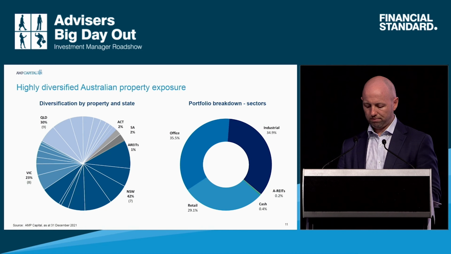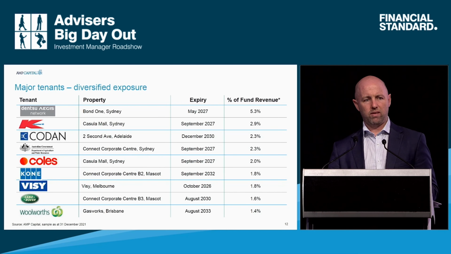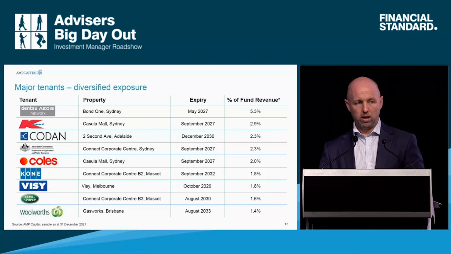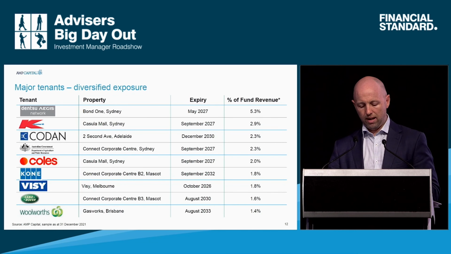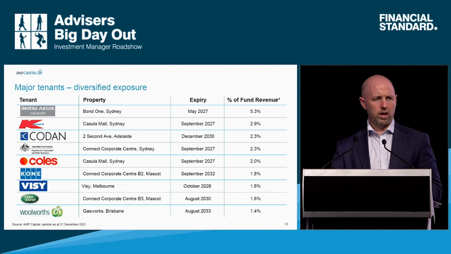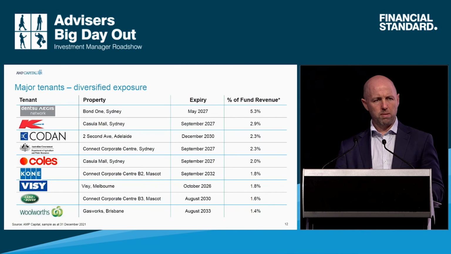The underlying cash flows are contracted rents that are tied up to leases, and they come from some of the tenants that you see on screen. So again, very familiar names: Coles, Woolworths, Land Rover, Visy, Kone. I'm sure you've been in a Kone elevator, or even Dentsu Aegis, a massive group out of Japan.